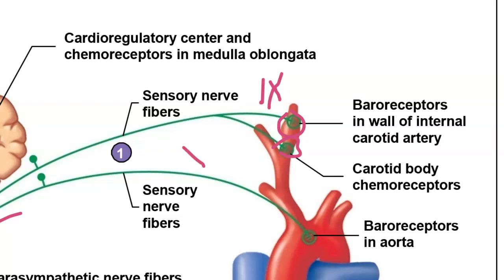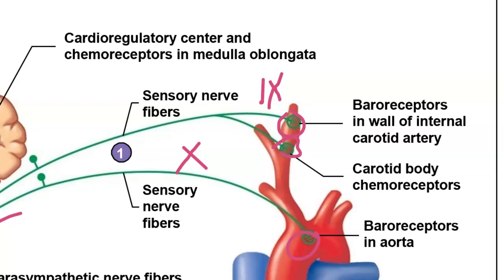On the other hand, cranial nerve number 10, vagus nerve, which is a mixed nerve, is bringing information from what we call the aortic bodies, and these are baroreceptors. So they're giving information about essentially blood pressure, whereas chemoreceptors give information about things like pH.